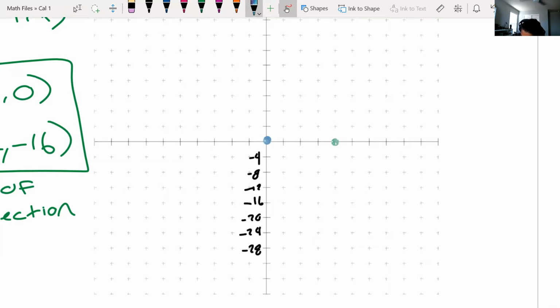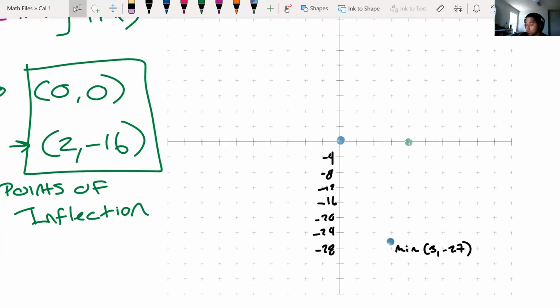And my minimum, I said, was at 3 and negative 27, so somewhere around here. Here's my minimum. And then my inflection points, which are right here to my left, are at 0, 0 and 2, negative 16.